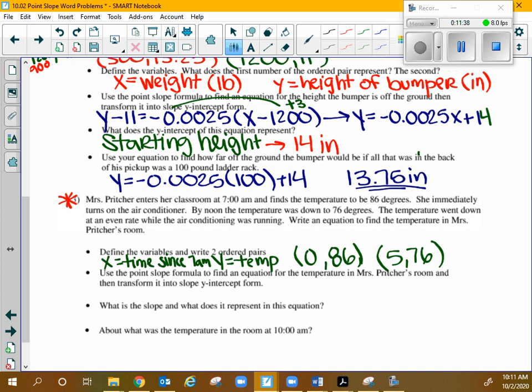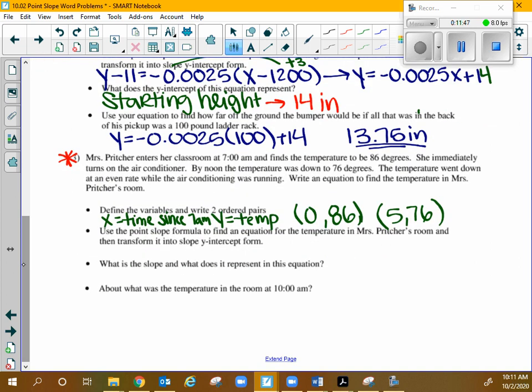We are missing slope. Can we find it though? Yes. Find it. -2. So -2 is my slope. What does that represent in this scenario?